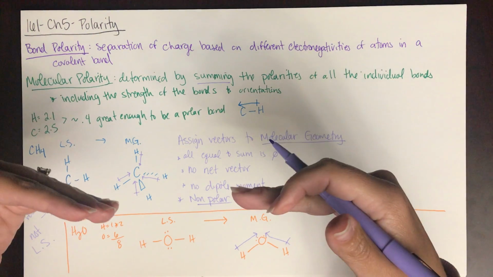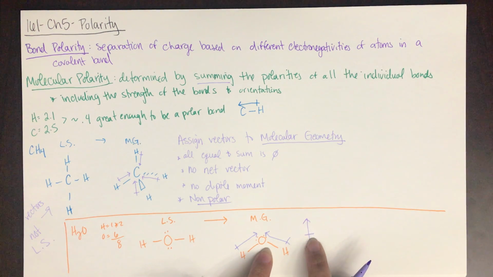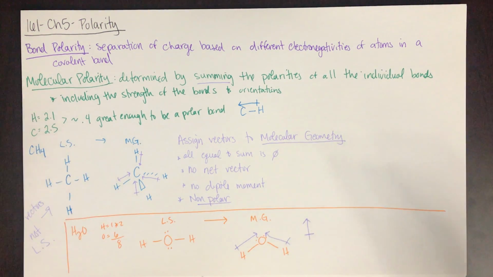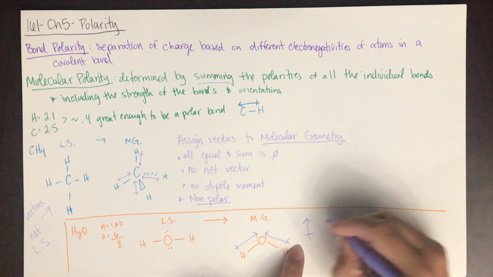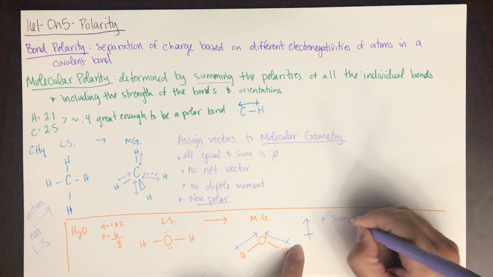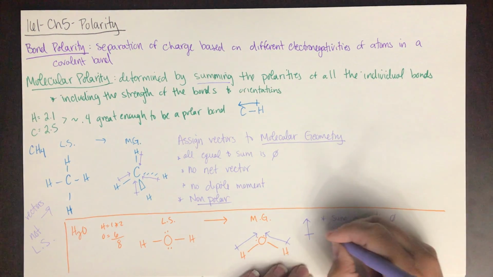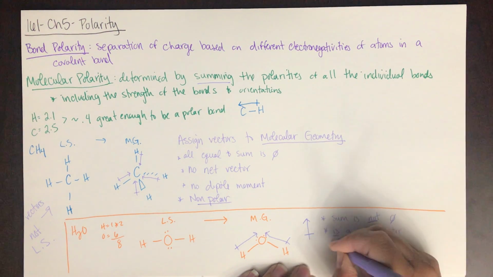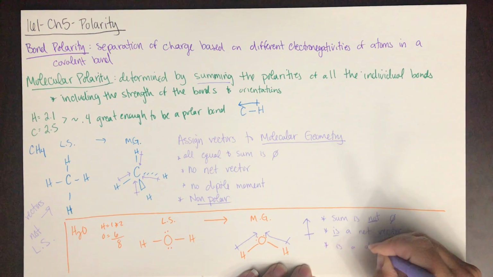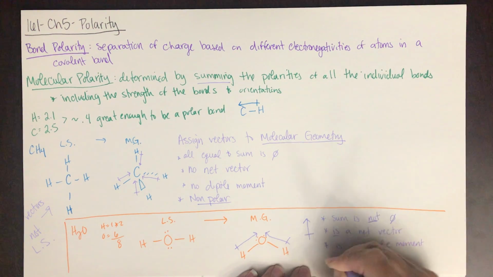Do the angles cancel each other out or not? Here they do not. This would be the net vector of these 2 vectors when they're added together. So the sum is not 0. There is a net vector, there is a dipole moment.